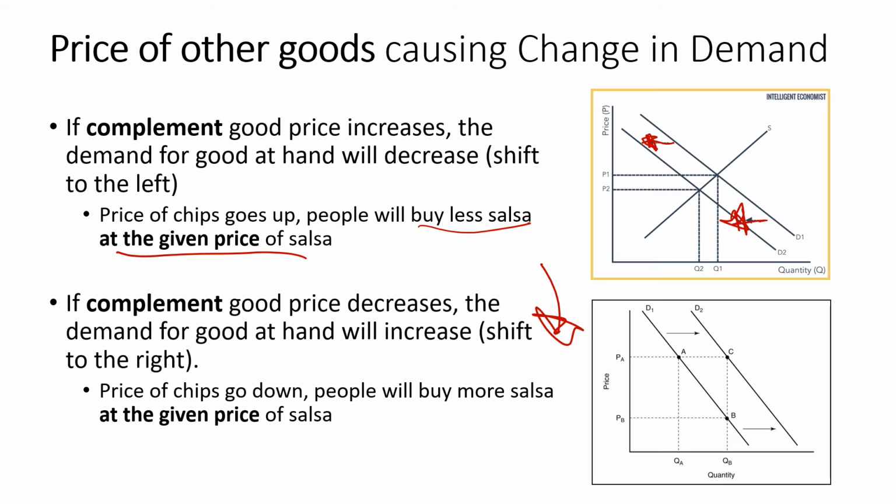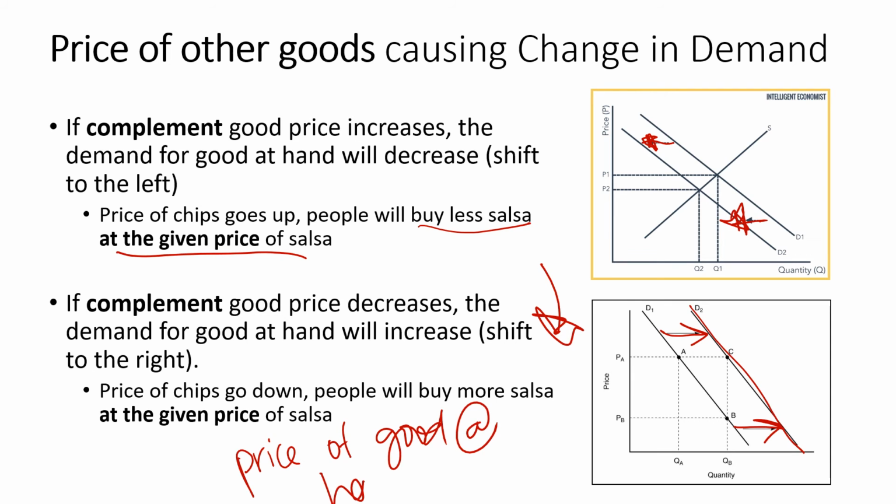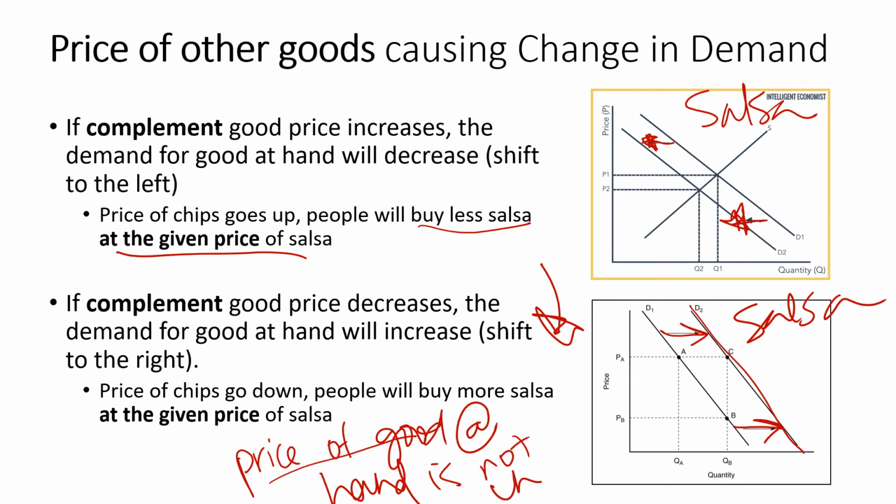So let's get salsa with all these chips. So in that case, the demand curve will shift to the right. The important point to remember here is that the price of the good at hand is not changing. And when I say good at hand, I mean the good that we're talking about. So in both of these examples, we're talking about the salsa. But the price of the good at hand is not changing.